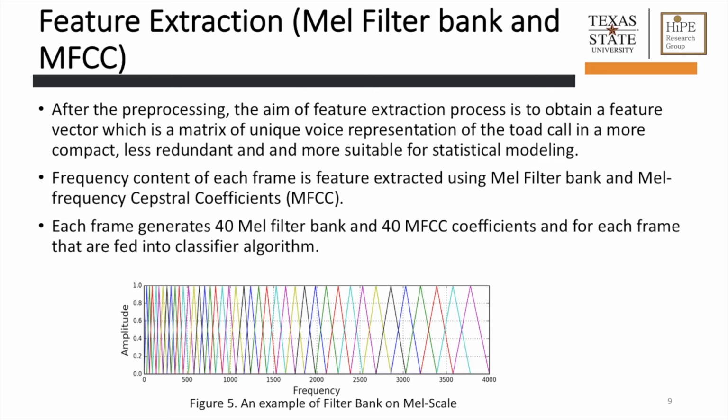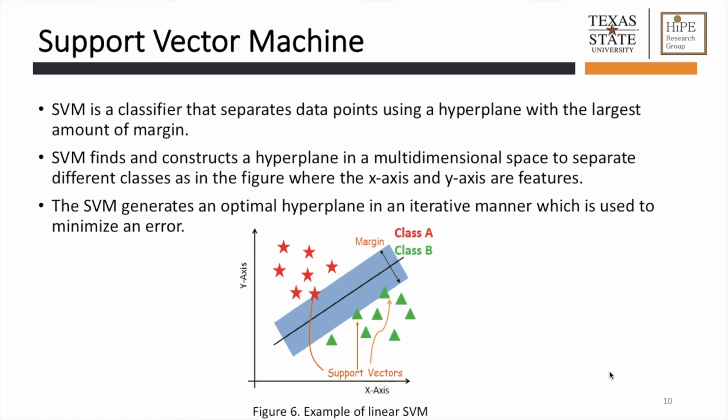We used these two algorithms in our paper, and each algorithm generated 40 coefficients. So we have 40 Mel-Filterbank coefficients and 40 MFCC coefficients for each frame to be fed into the classifier. Here is an example of a Mel-Filterbank diagram.